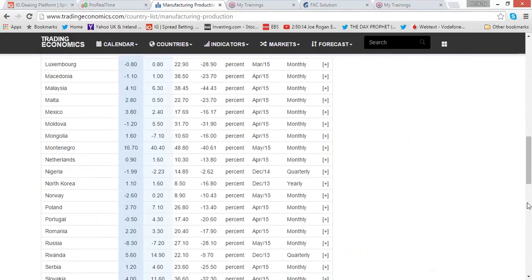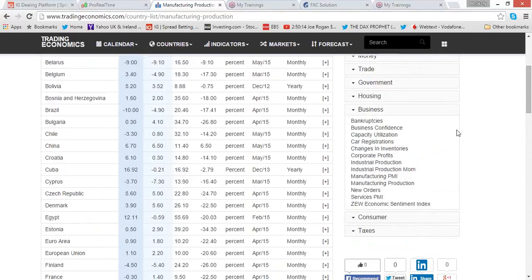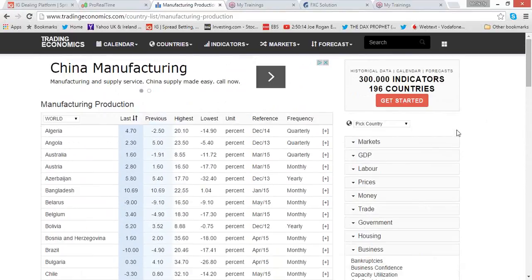So the main figures you're going to be looking at are going to be the previous figure. Okay, so if you're waiting on a data release, you want to look at the previous figure. Okay, and you will also have an expected figure, and that will be shown on your economic calendar.